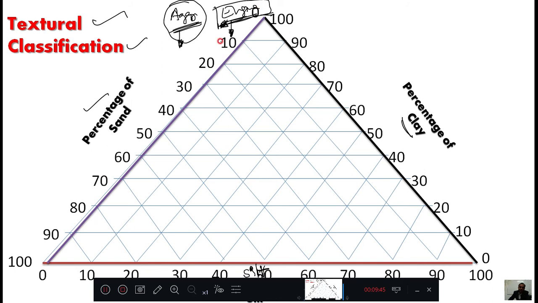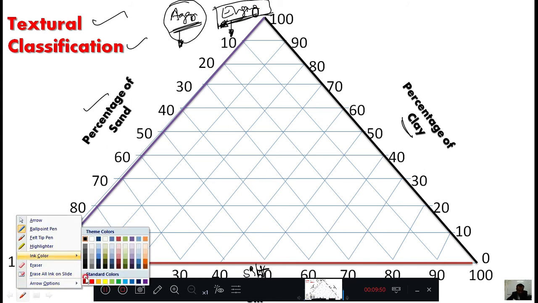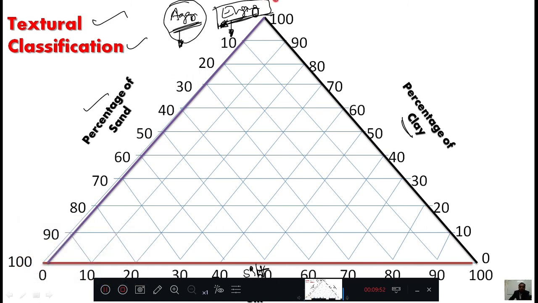You can see here 0 is there, and starting 100, 0, 10, 20, 30, 40. Like that we will end here for sand, and after that we will start silt with 0 here, and that will end somewhere at 100, and after that we will start with clay at 0 and we will end with 100 here.